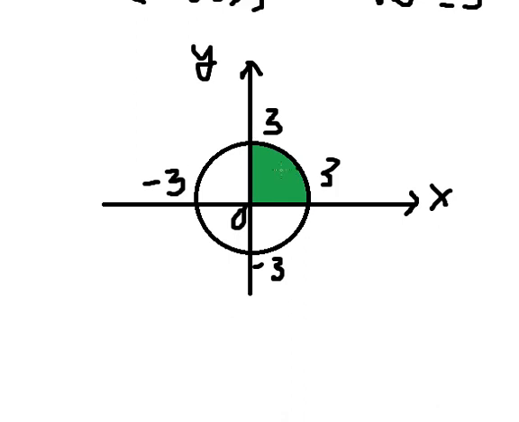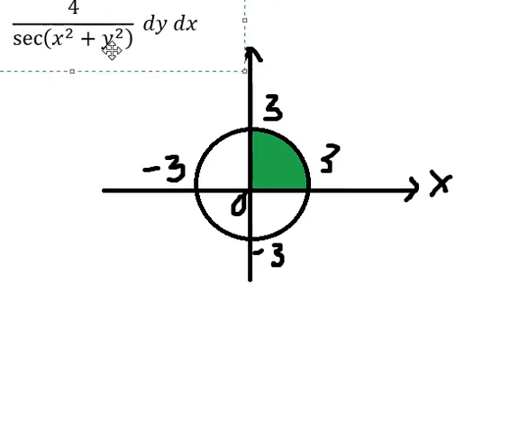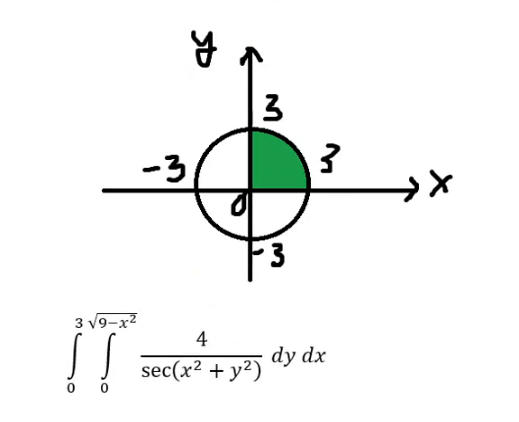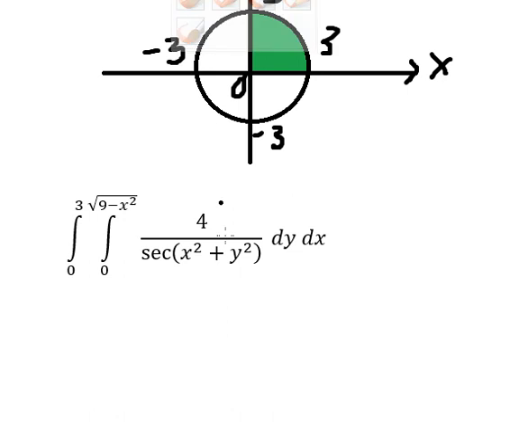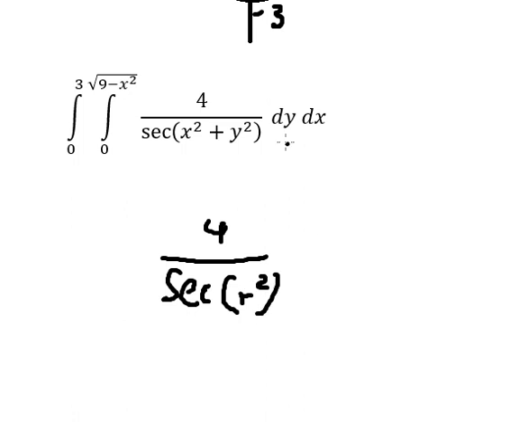Now we can change the bounds in here. So this one is r squared. dy dx is r dr d theta.